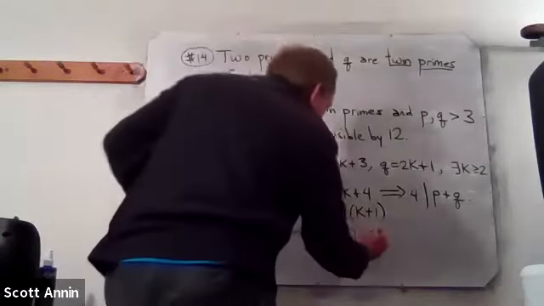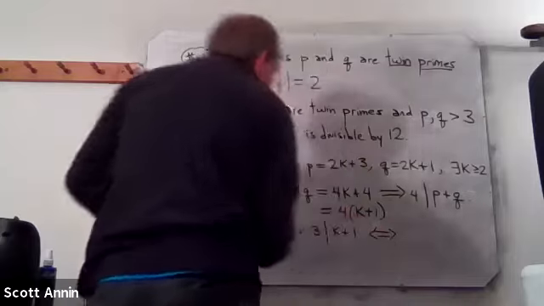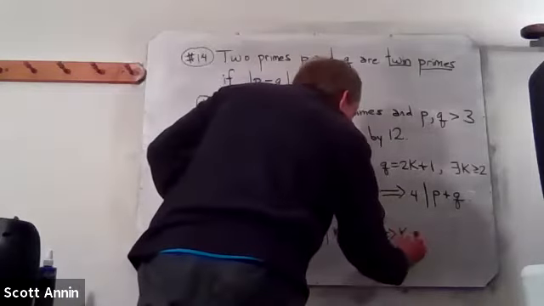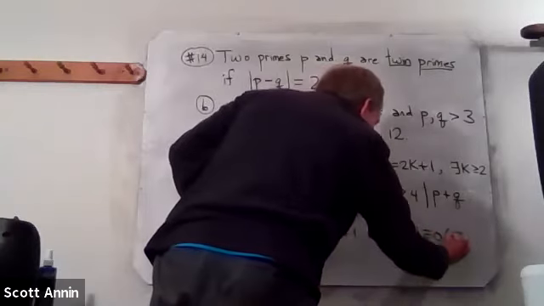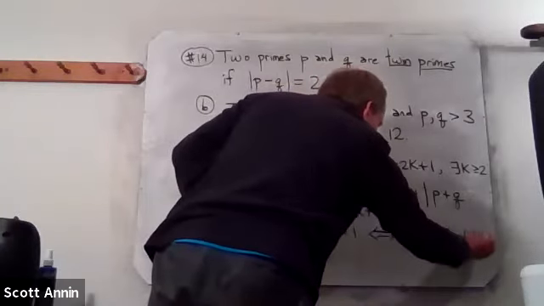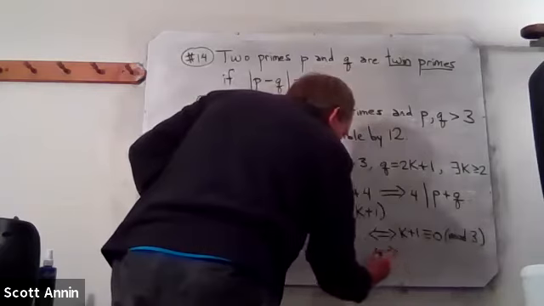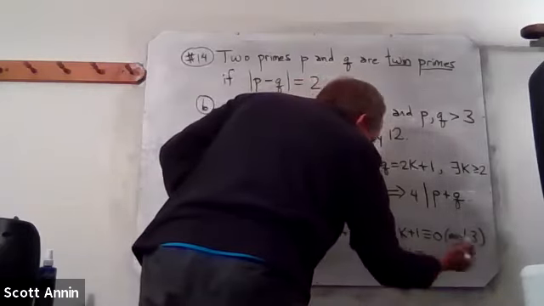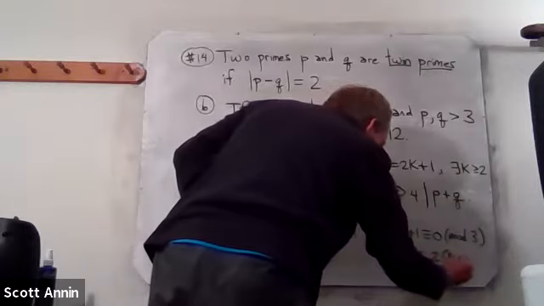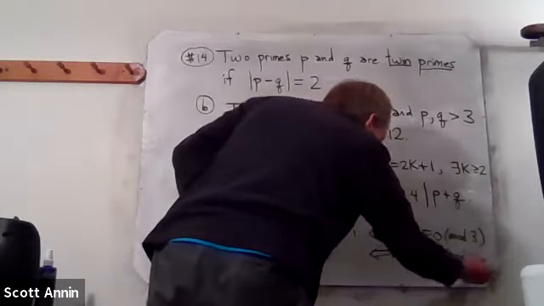In other words, let me just phrase that as a congruence. k plus 1 is congruent to 0 mod 3. Or let's rephrase that one more time. k is congruent to 2 in mod 3.